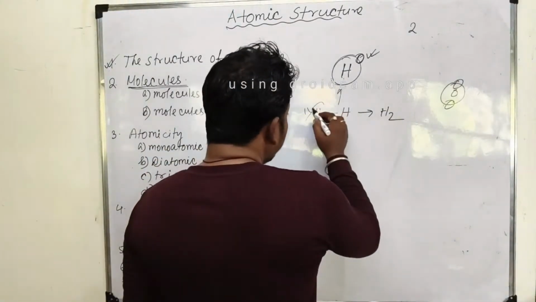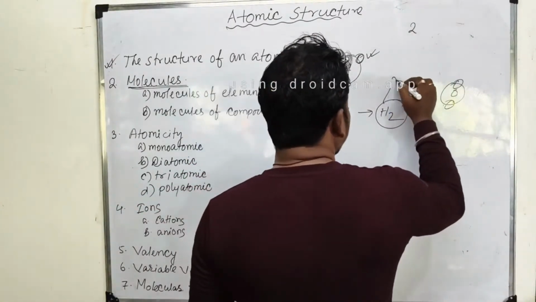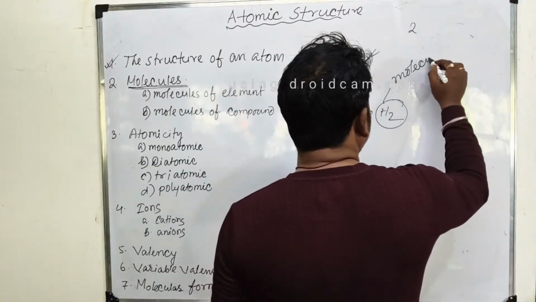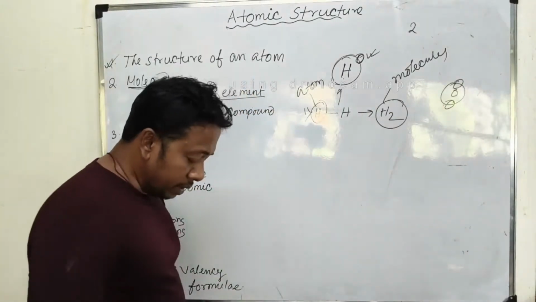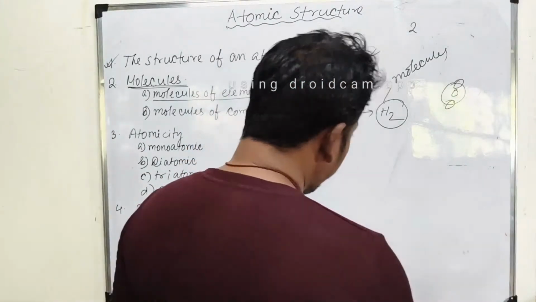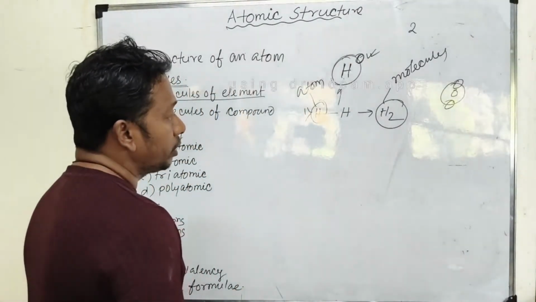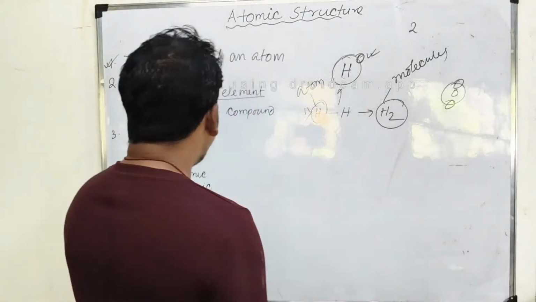This is an atom, but this is a molecule. That is a molecule of an element. Element means the same kind of atom. When the same kind of atom combines with another of the same kind, it forms a molecule of an element.